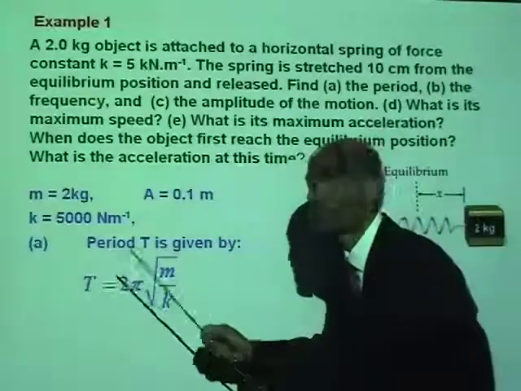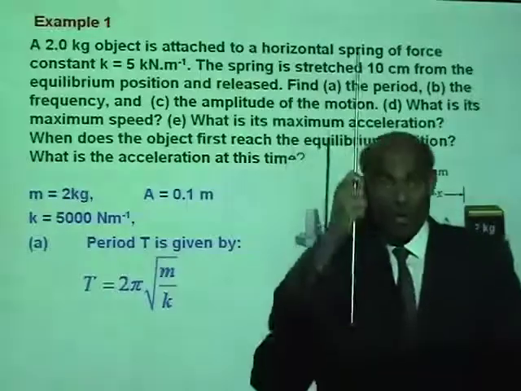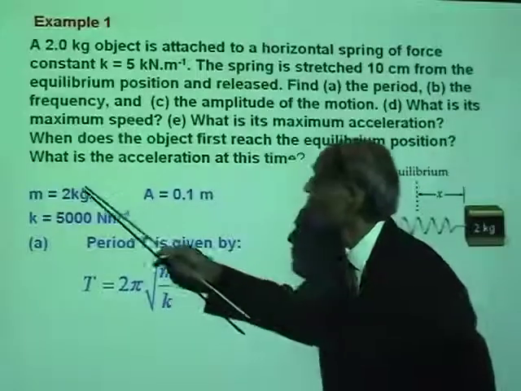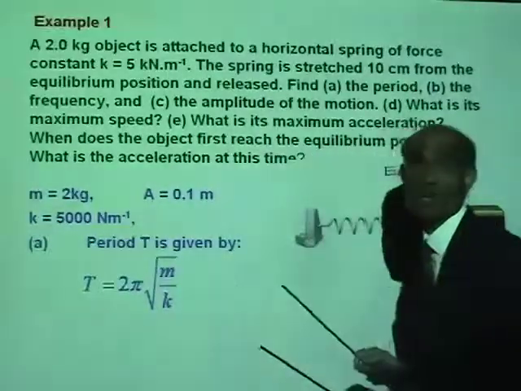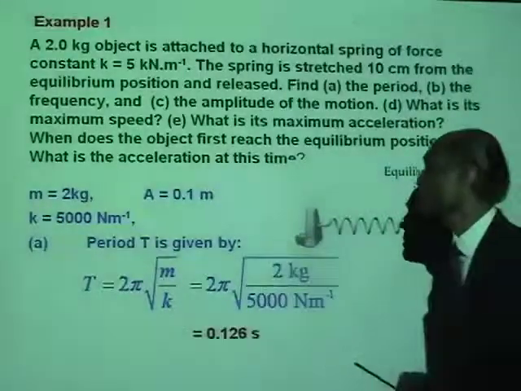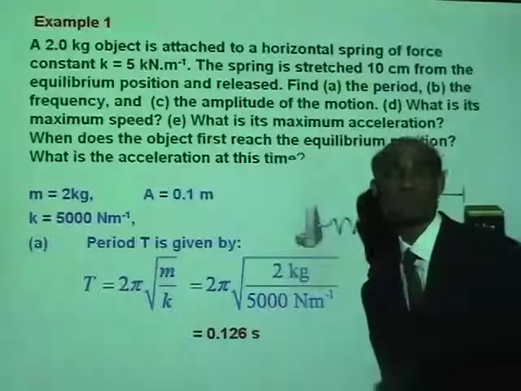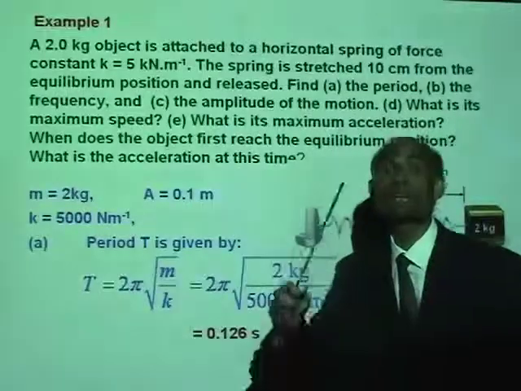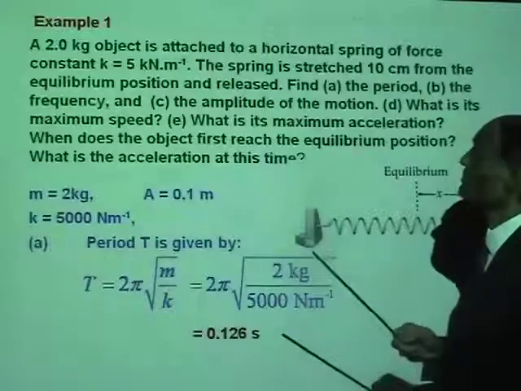This is the equation for the period of oscillation, whether it is horizontal or vertical. You know the value of m, you know the value of k, so substitute those values. That gives you the period as 0.126 seconds. In other words, the time taken for one complete oscillation is 0.126 seconds.